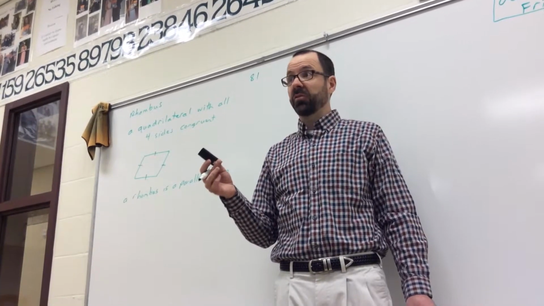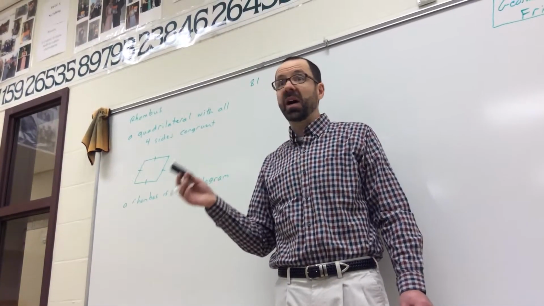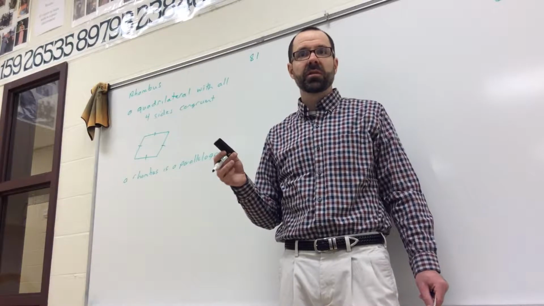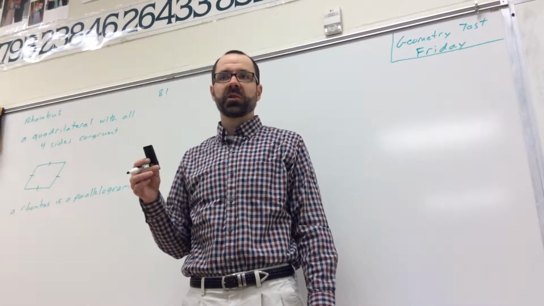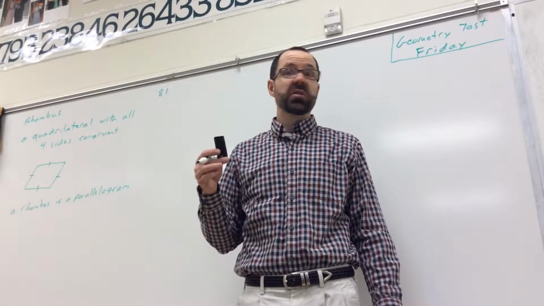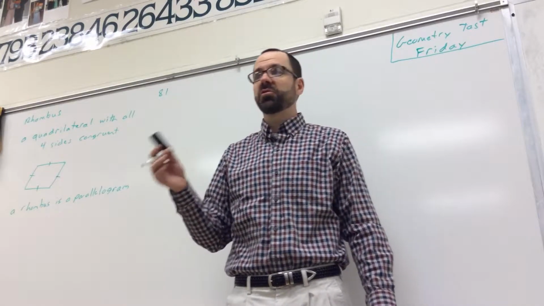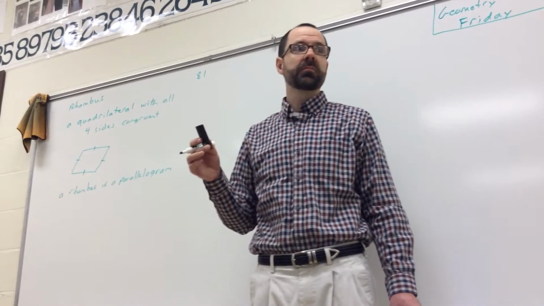Opposite angles are going to be congruent. Diagonals are going to bisect each other. Consecutive angles are going to add up to 180. So a rhombus is a parallelogram, so everything that's true about parallelograms is going to be true for rhombuses as well.